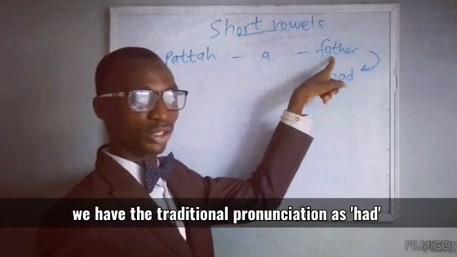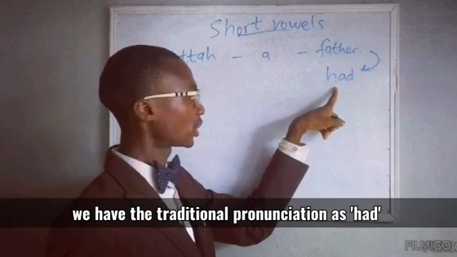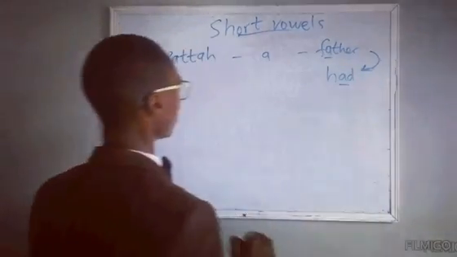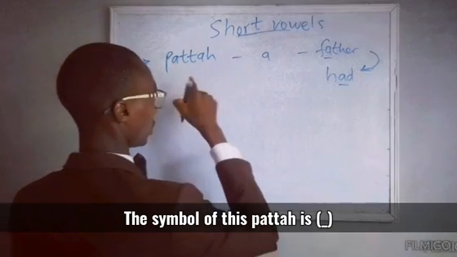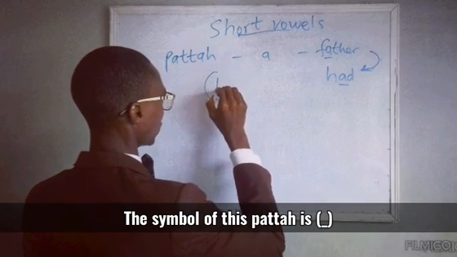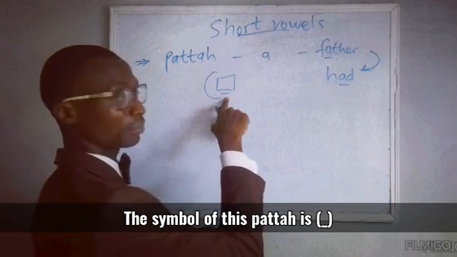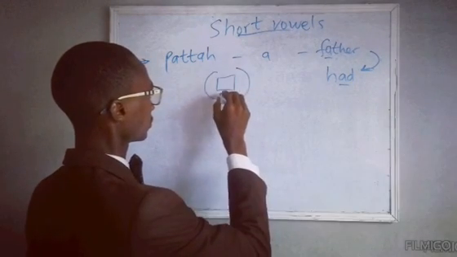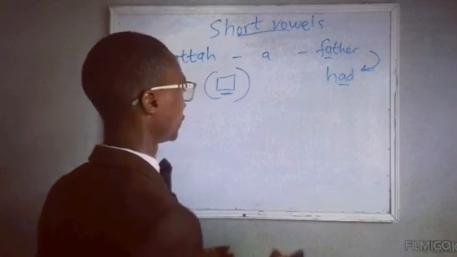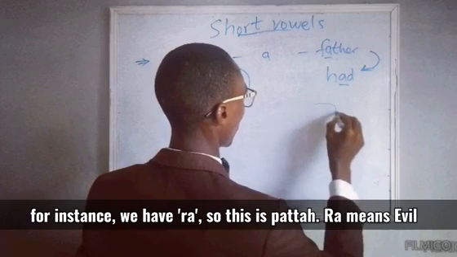So this is the modern pronunciation, father, and this is the traditional pronunciation, heart. That's for patash. I'm going to show an example now. We have Ra.